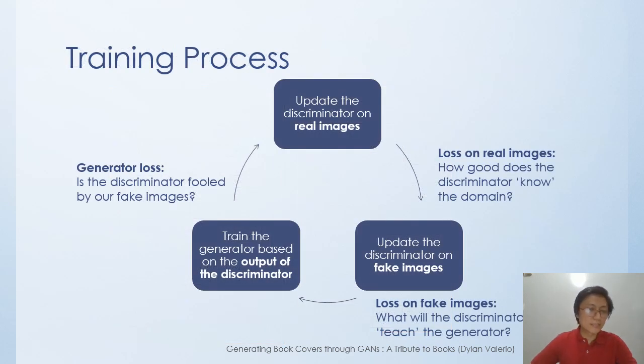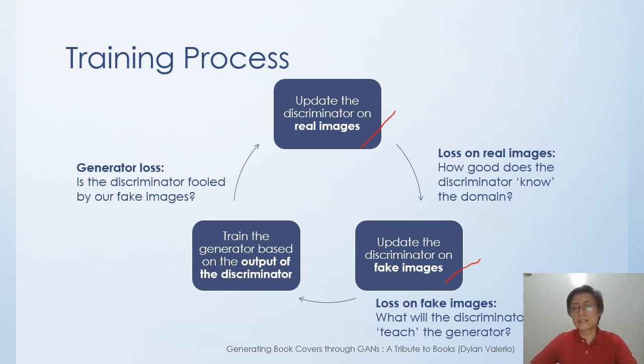Now, training GANs is a bit different from other types of neural networks. It's a cycle of back and forth induction and deception. First, the discriminator learns on the real images. And this is just for one step. Basically it learns how well the discriminator knows the domain.